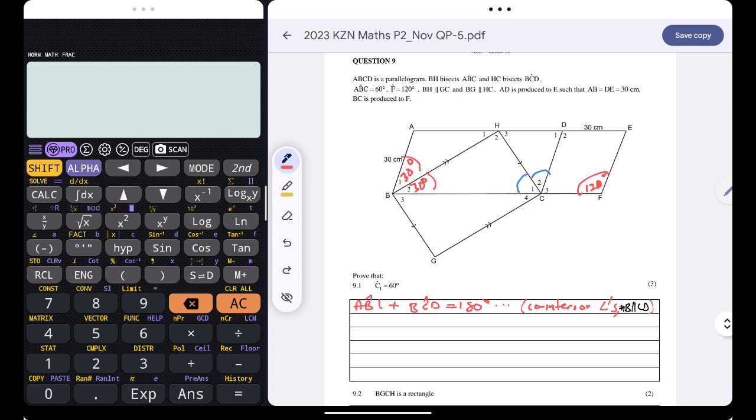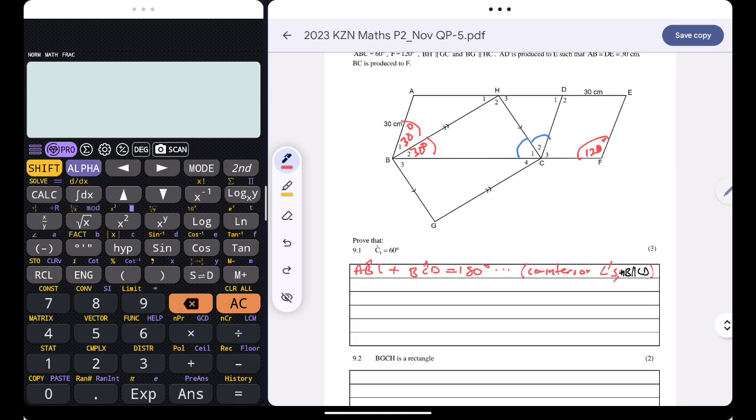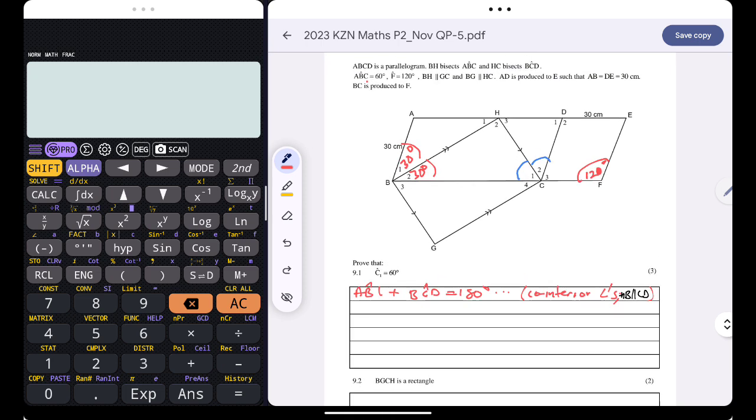I know for a fact that in parallelograms, opposite sides are equal and parallel to one another. Angle ABC was given to me as 60 degrees. I don't know angle BCD, but now I know that BCD will be equal to 120 degrees.